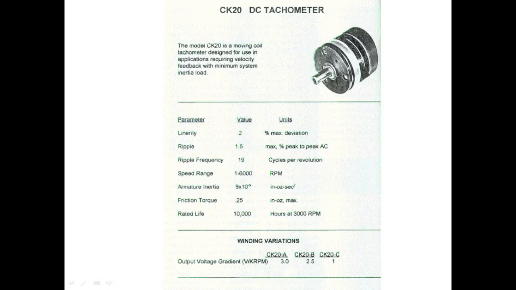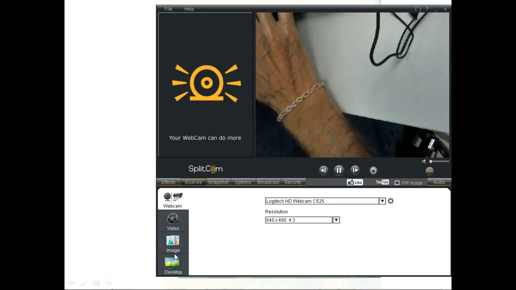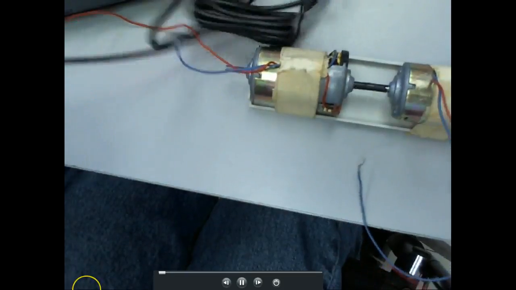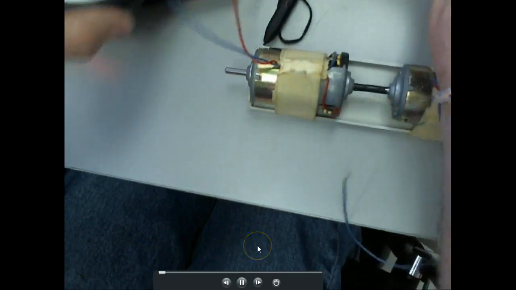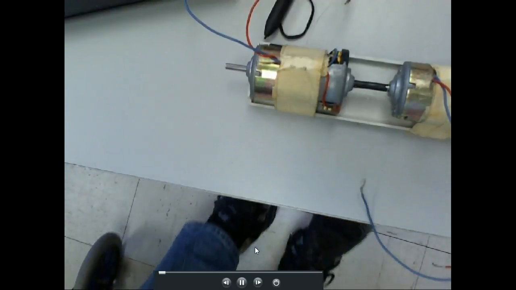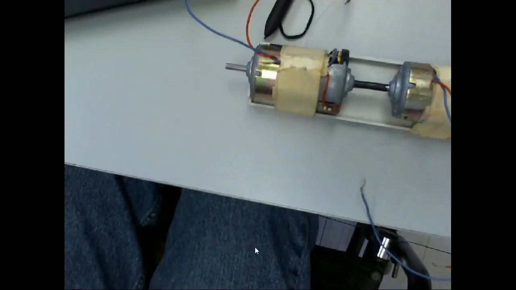So I've set up a little MG set. You know what an MG set is? No? Motor generator. What's nice about a DC motor is that DC motors can also be used as generators.